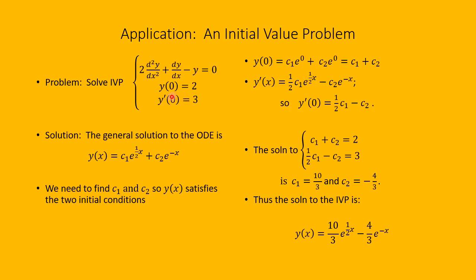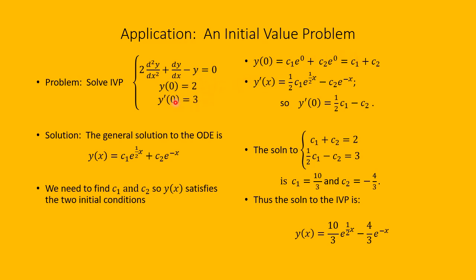Okay, well, first of all, if y of x is this, plug in 0 for the x. And we get y of 0 is c1 e to the 0 plus c2 e to the 0, and that's c1 plus c2. So we're interested in y of 0 equaling 2, so eventually we're going to set c1 plus c2, which is y of 0, equal to 2.